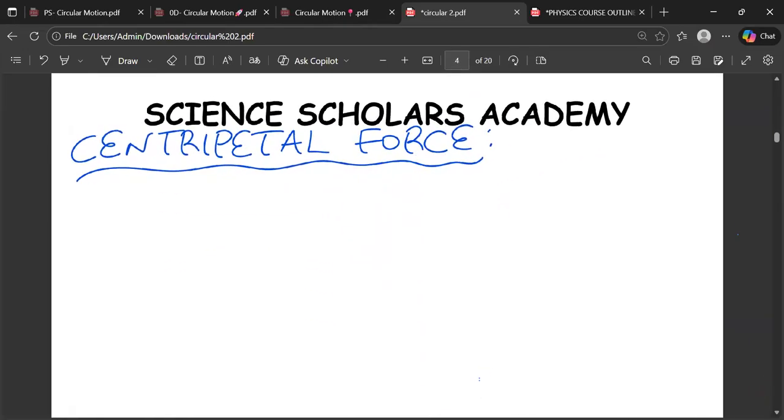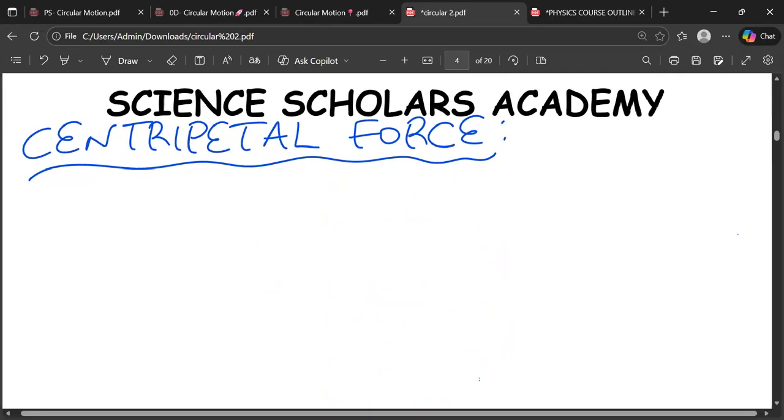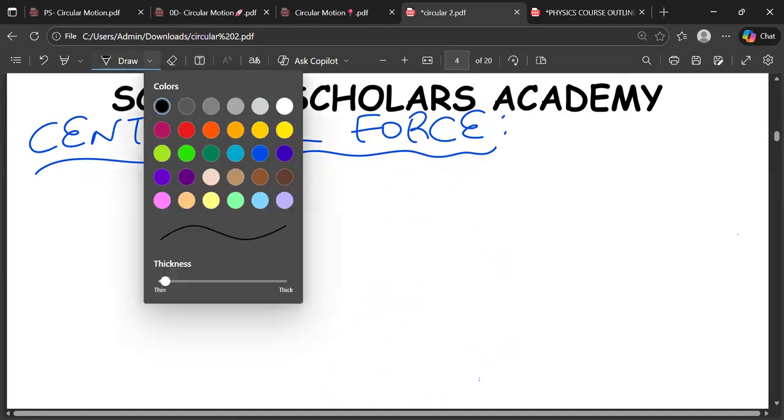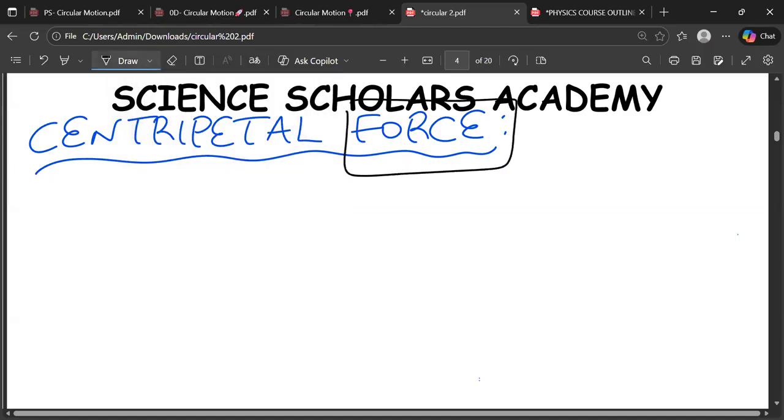Just like the way we talked about centripetal acceleration as that acceleration that is acting towards the center, the same applies to centripetal force. You should know force. Force was well defined by Newton in his second law. And he told us it is the product of the mass and the rate of change of velocity, which you people call acceleration. So our force is ma, that doesn't change.